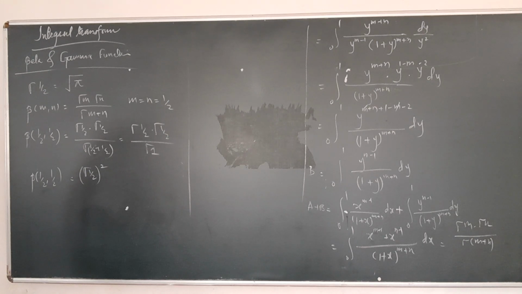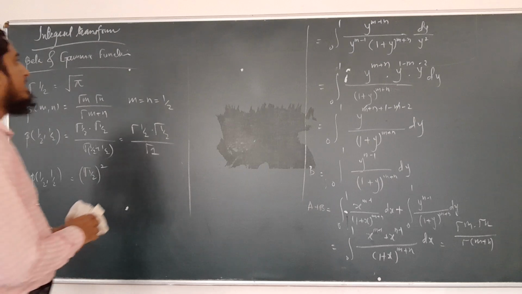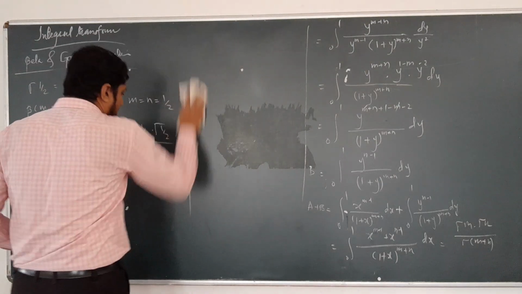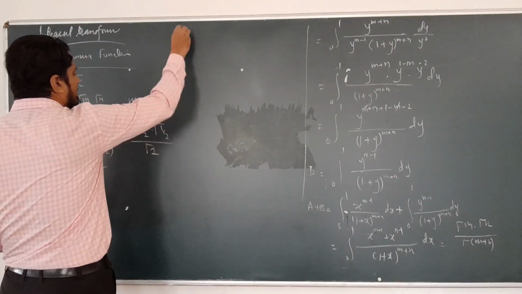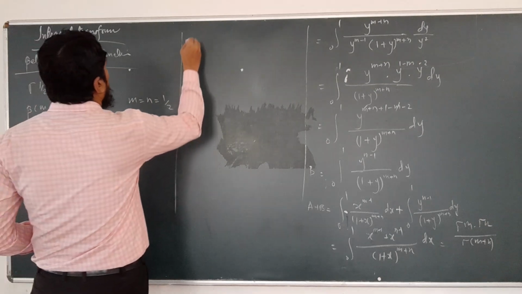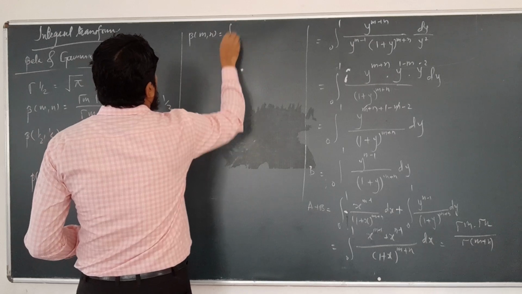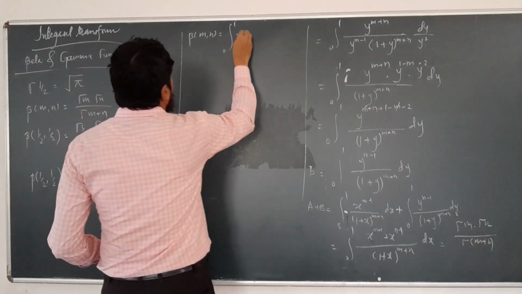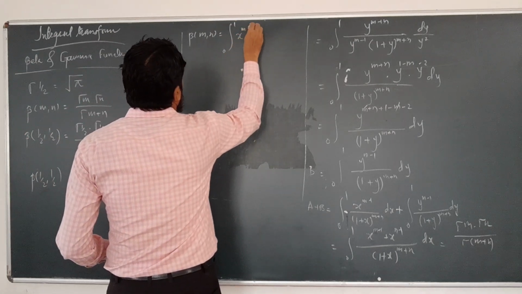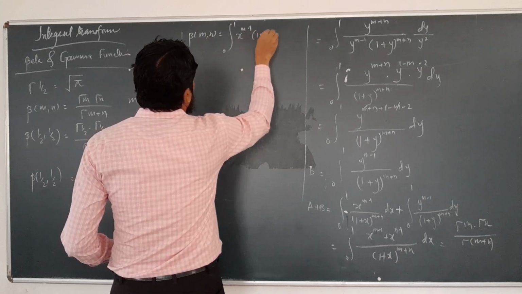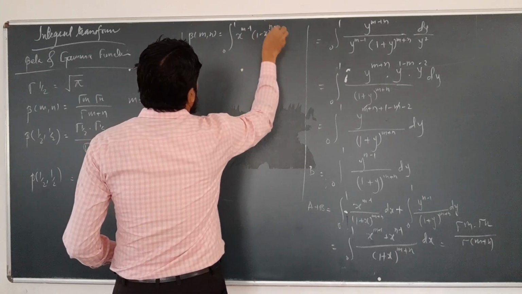Now, using the definition of beta function, we will see, since we have beta m, n is equal to integration from 0 to 1 x raised to m minus 1 and 1 minus x raised to n minus 1 dx.